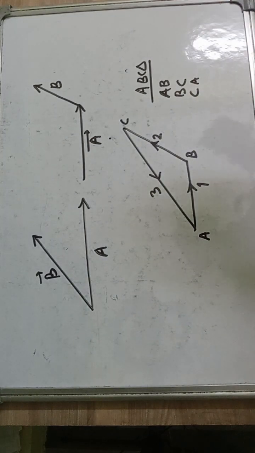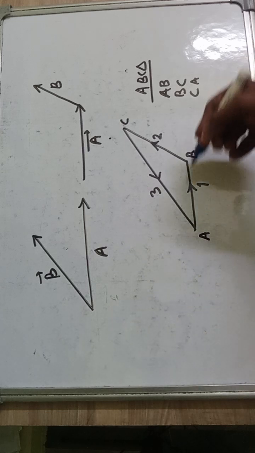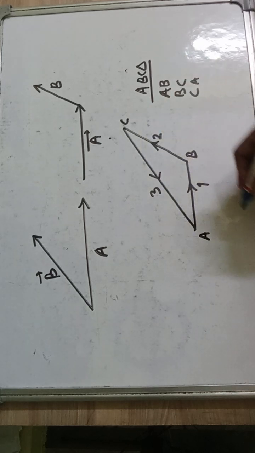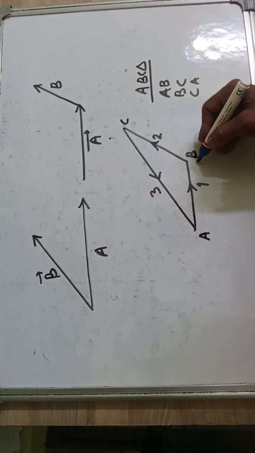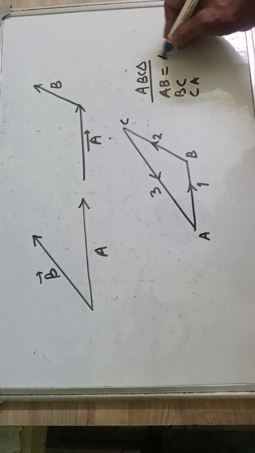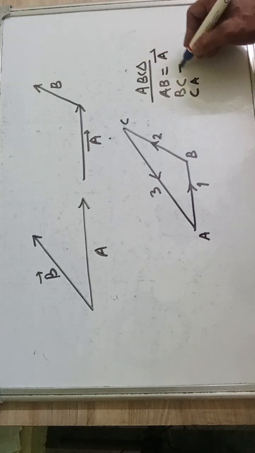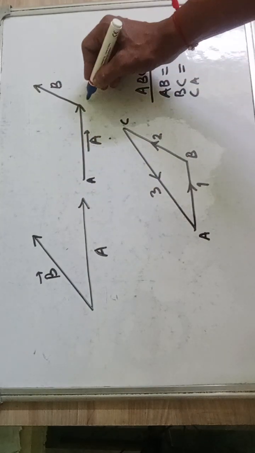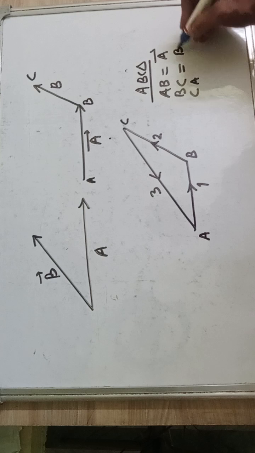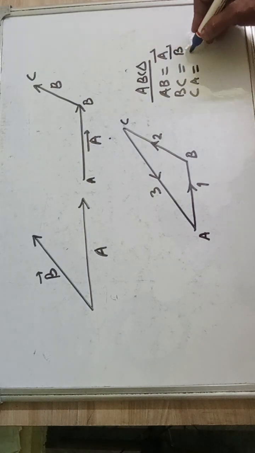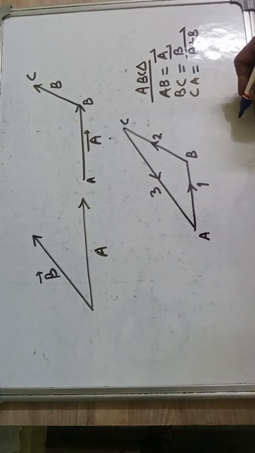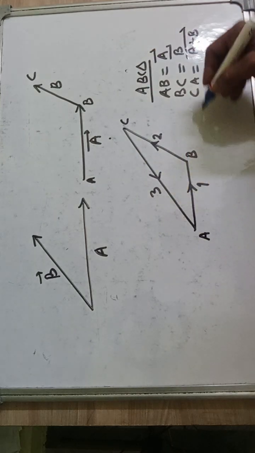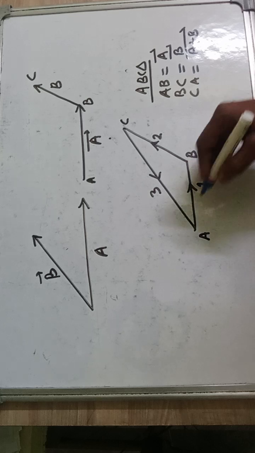Now, as per triangular method of vector addition, if vector A and vector B are represented by two sides of this triangle in order, that means vector A is represented by AB and vector B is represented by BC, then the resultant vector, that is A plus B, will be represented by the third side in opposite order.